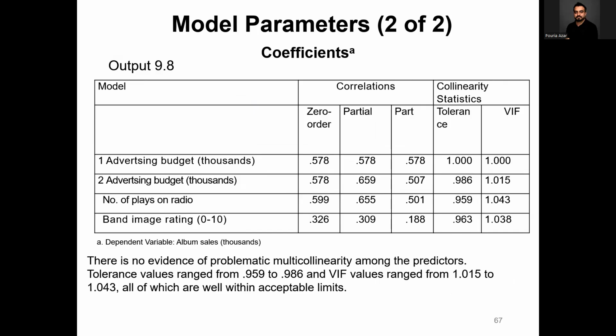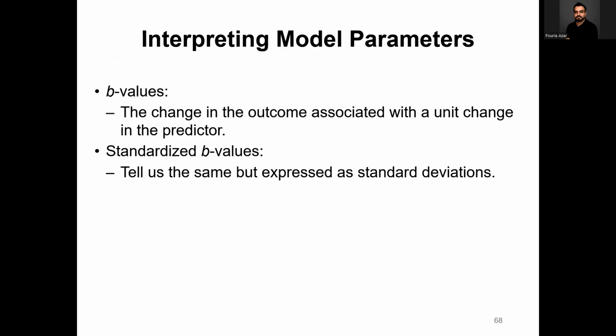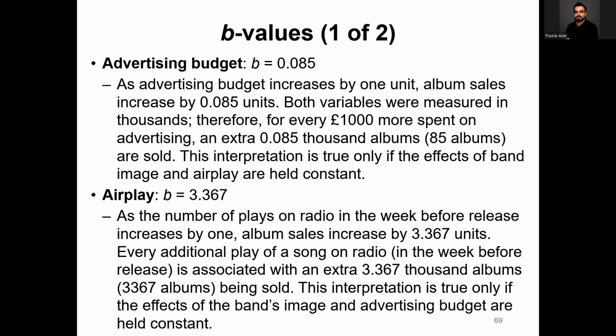We don't say standardized beta; we just say beta for unstandardized beta coefficients. So unstandardized beta values indicate the change in the outcome associated with a unit change in the predictor, but standardized beta values tell us the same thing expressed in standard deviations.